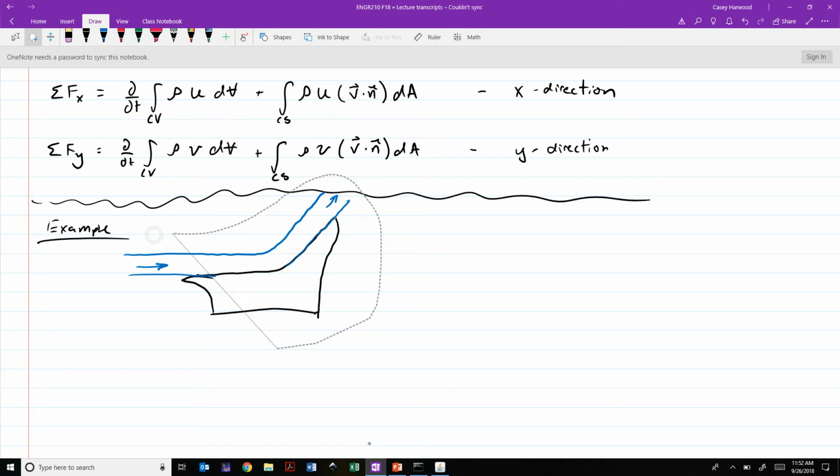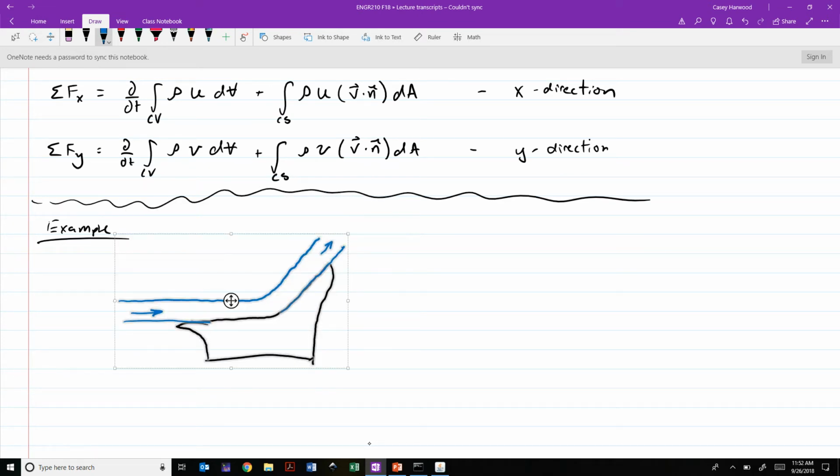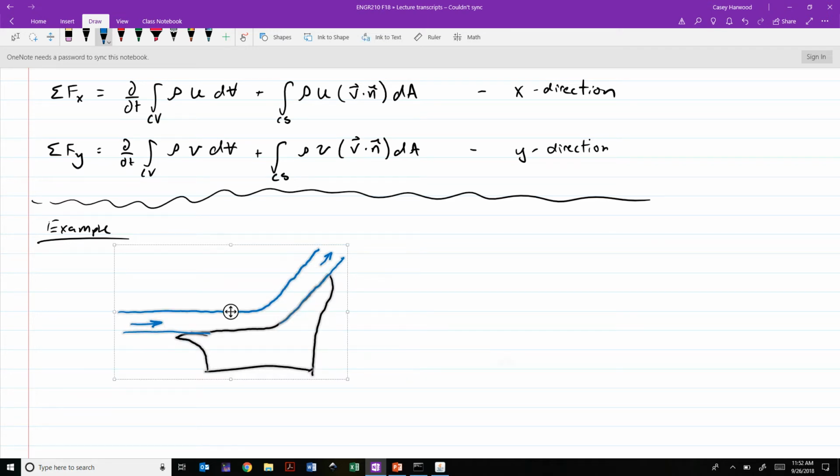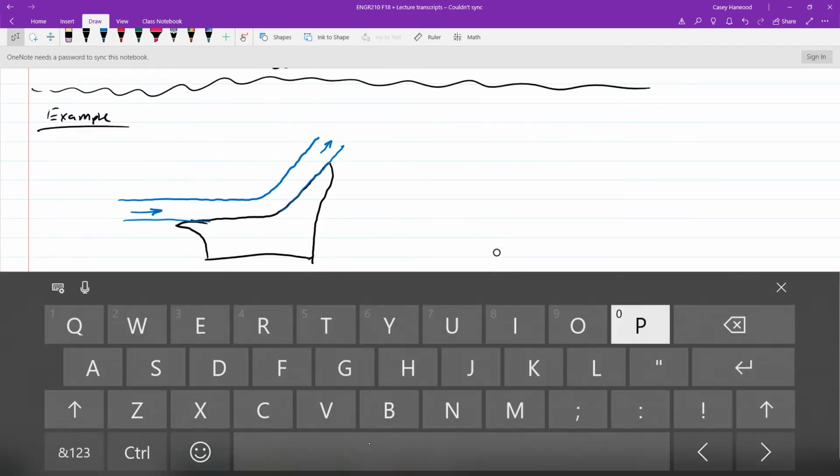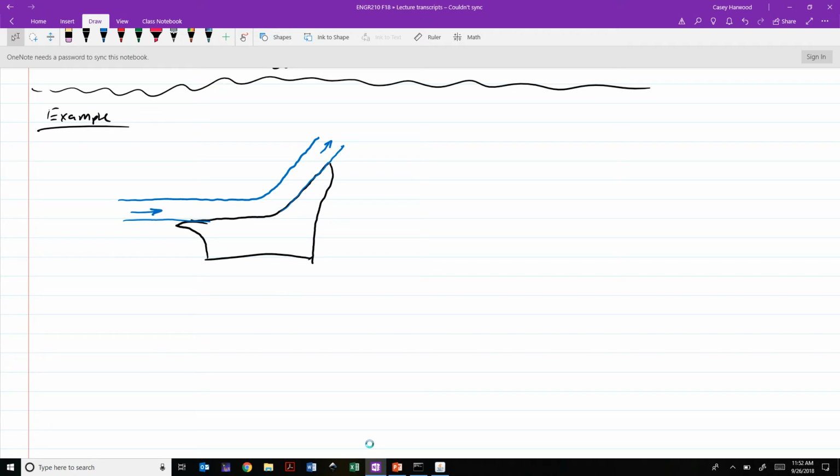Let me move this down a little bit so I have room to draw a control volume. And this thing is anchored to the ground. So step 1 is selecting the control volume.